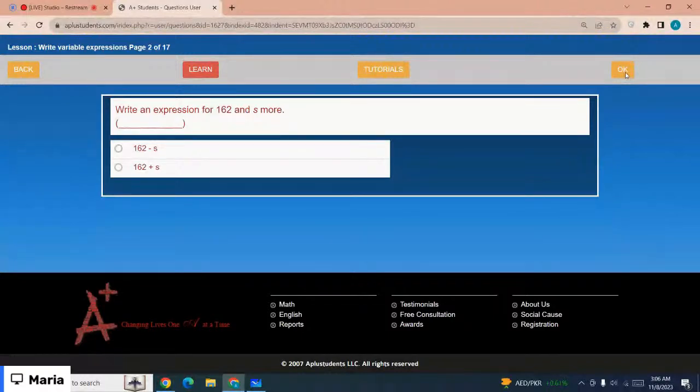So which is the correct option? S more means you have to add, so it would be 162 plus s, right? So just understand these words. Less means you have to subtract and more means you have to add, so that would be 162 plus s.